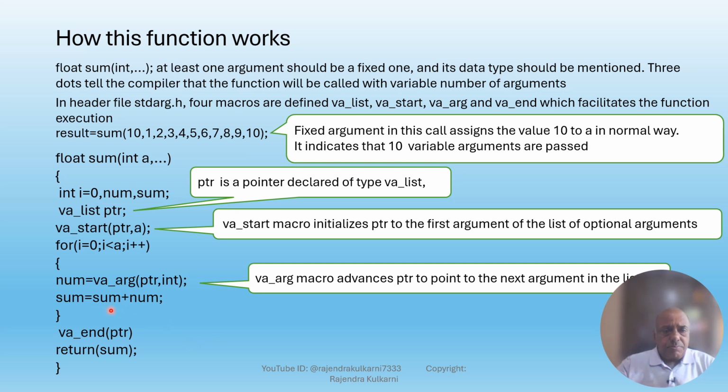Then we take sum is equal to sum plus num. Whatever the argument is here is assigned to num, which is an int variable we declared. So in every iteration num will be assigned the value which we have passed to the function in the form of variable arguments.